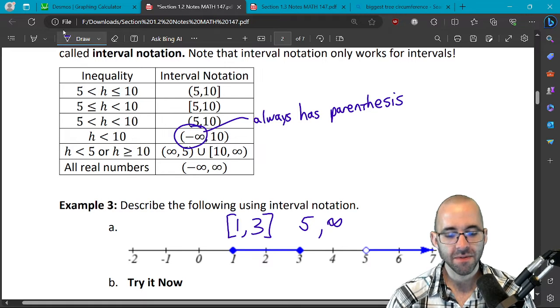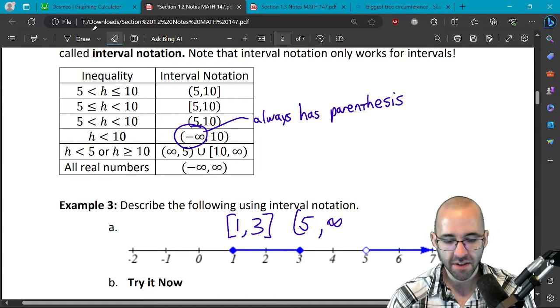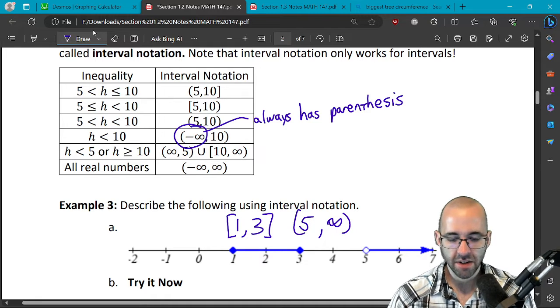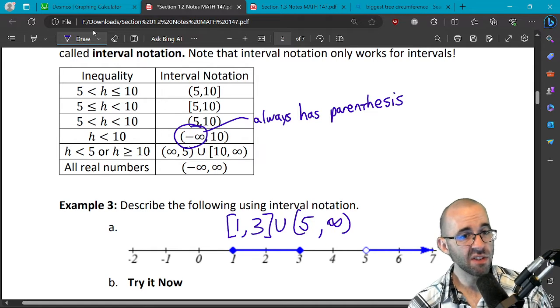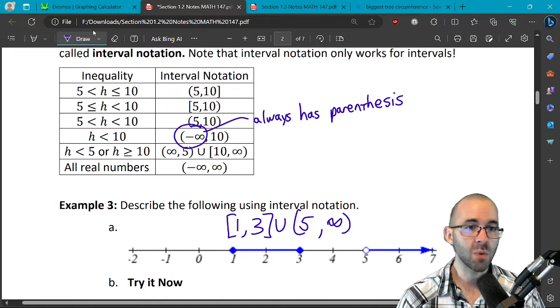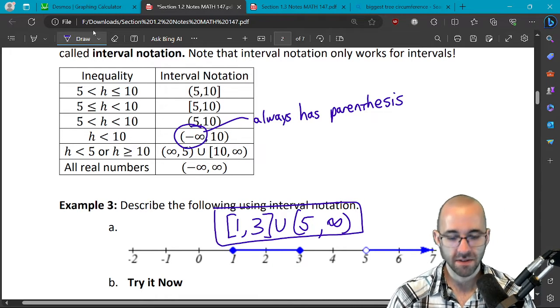Goes up to infinity. 5 has an open circle. 5 is not included. We use a parenthesis. Infinity is always a parenthesis. Infinity is never included. We end our answer by connecting these with a union sign. That says either the interval on the left or the interval on the right works out. That's going to be our final answer.